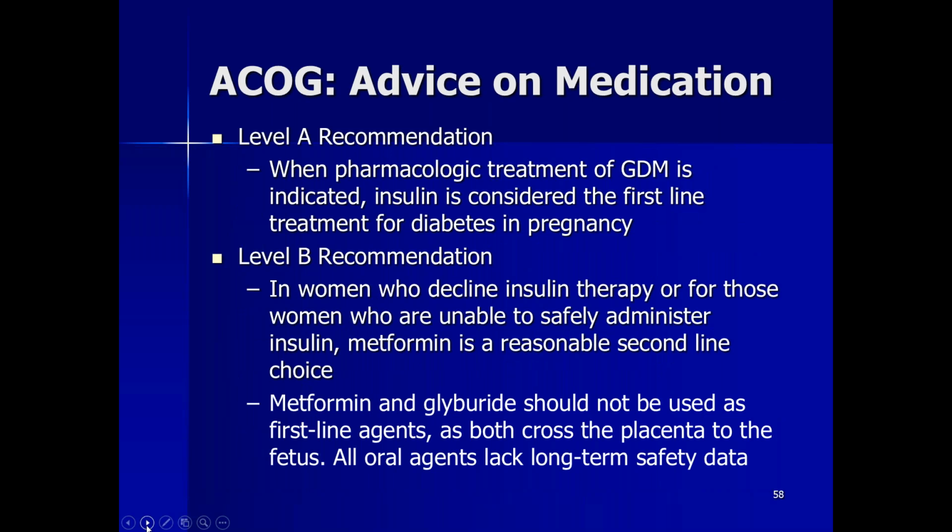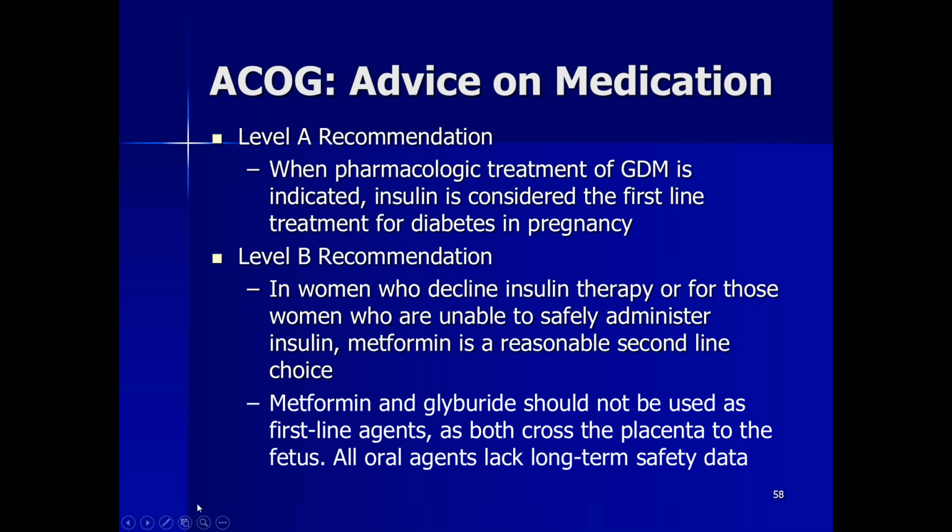Here's ACOG's advice. Level A recommendation: insulin is considered the first-line treatment. Level B recommendation: if you have a patient who absolutely declines to do insulin therapy or is unable to safely administer it, you can use metformin as a reasonable second-line choice.